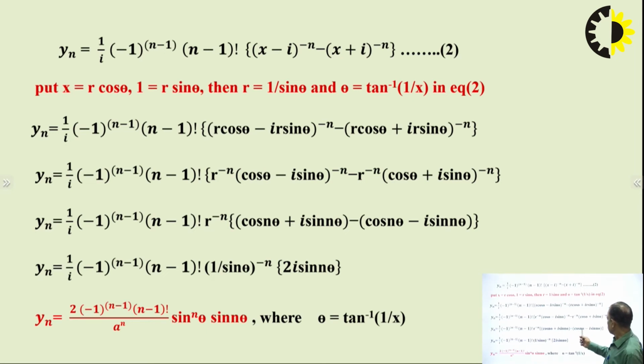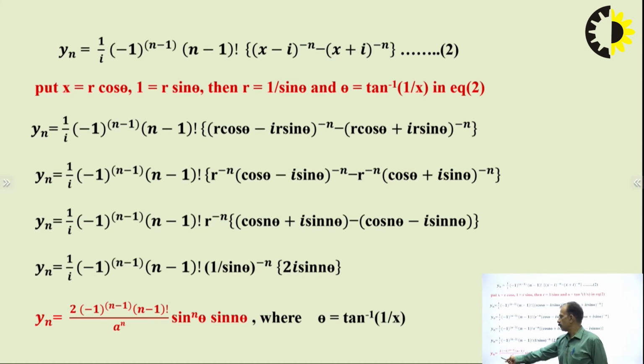After simplifying, the cos n theta terms cancel. So yn equals 1 upon i into minus 1 raised to the power n minus 1 factorial into (1 upon sin theta) whole raised to the power minus n, because the value of r is 1 upon sin theta, into 2i sin n theta.